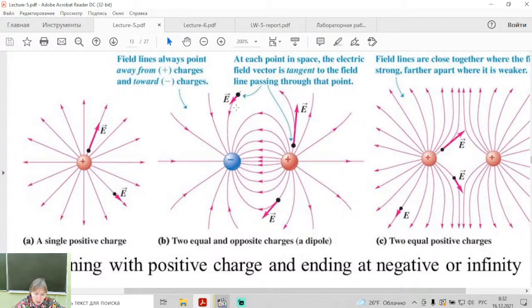Look at here. Force lines of an electrostatic field are not closed. They start on the positive charges and finish on the negative charges or continue into infinity. Look at here, this situation and this situation.